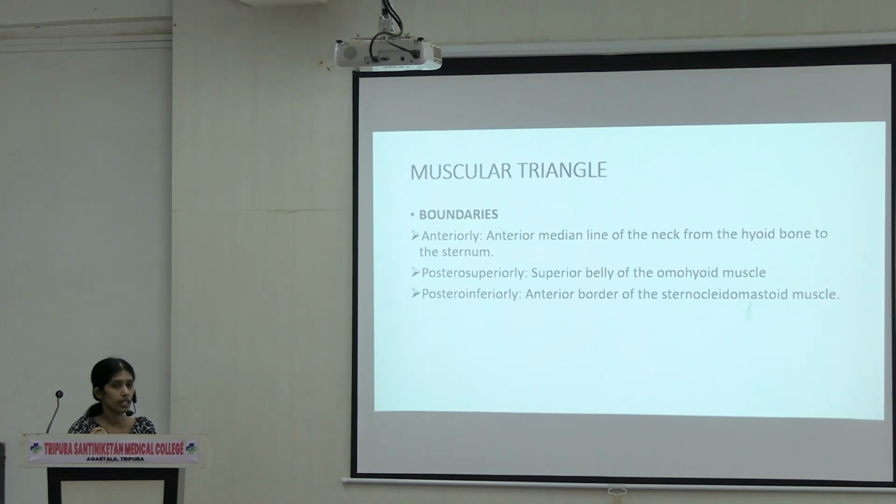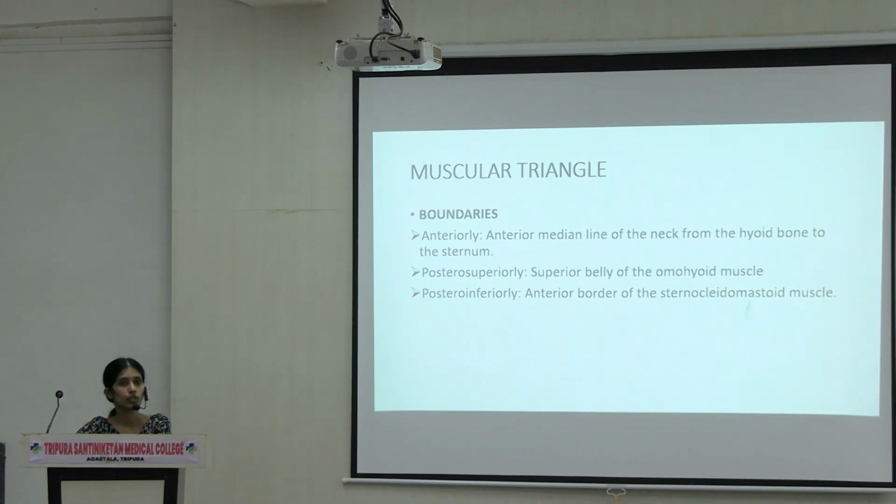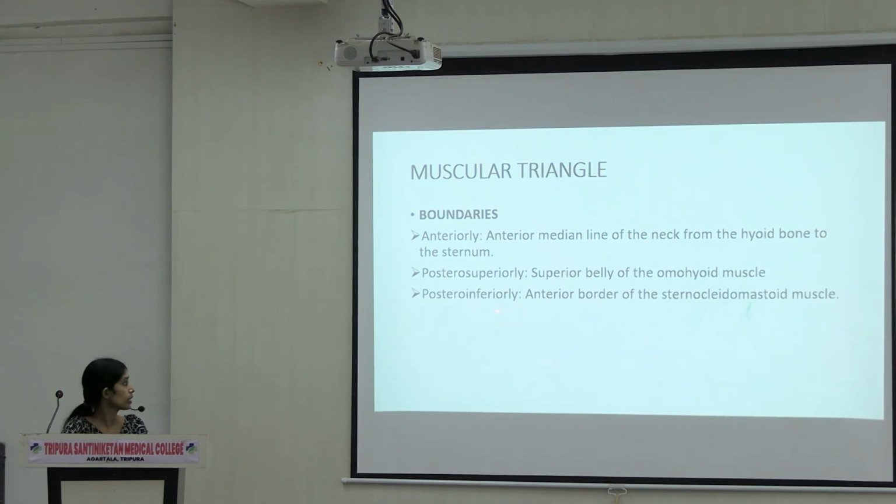The last triangle in the anterior region of the neck is the muscular triangle. The boundaries of the muscular triangle: anteriorly it is formed by the anterior median line of the neck from the hyoid bone to the sternum, posterior-superiorly by the superior belly of the omohyoid muscle, and posterior-inferiorly by the anterior border of the sternocleidomastoid muscle.